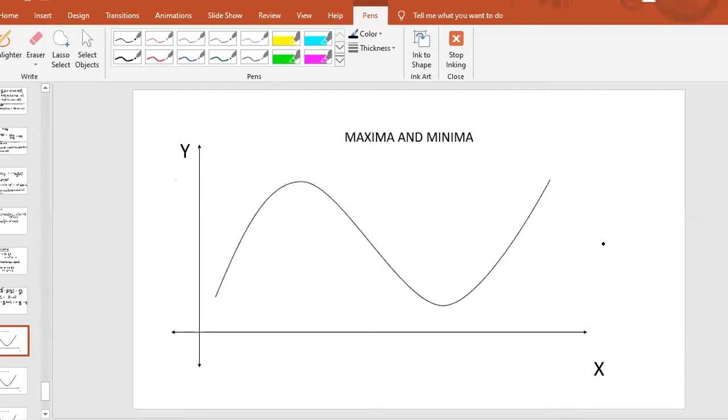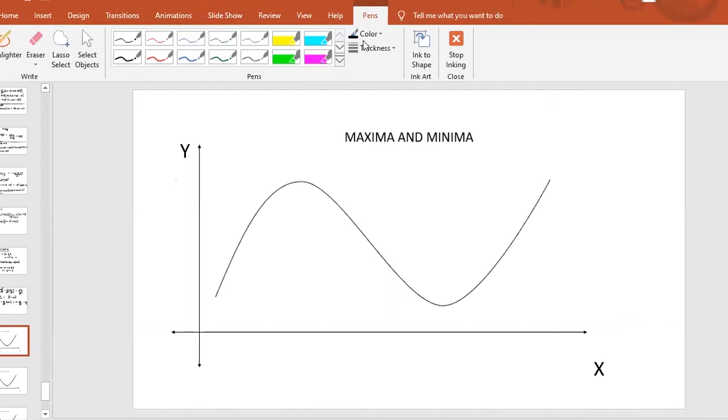Why are we differentiating x with respect to t to get velocity? Whenever displacement is variable with time, then to find the velocity we have to differentiate with respect to t.